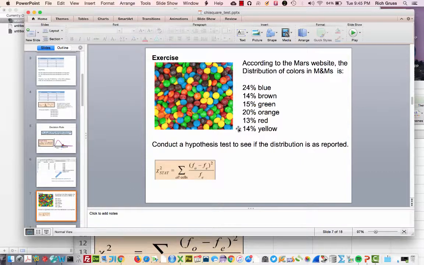And so I actually did do this. According to Mars, this is the distribution of the colors that you would have in a typical bag. So what we want to do then is collect data so that we can test whether this theoretical distribution is identical to what we have observed.